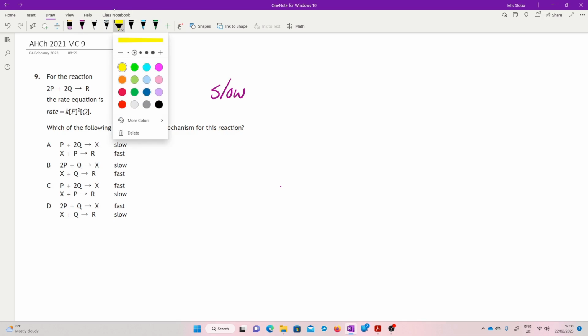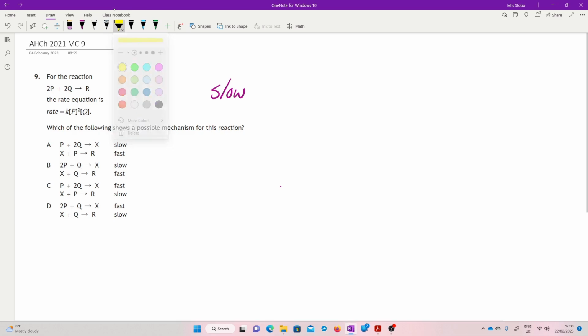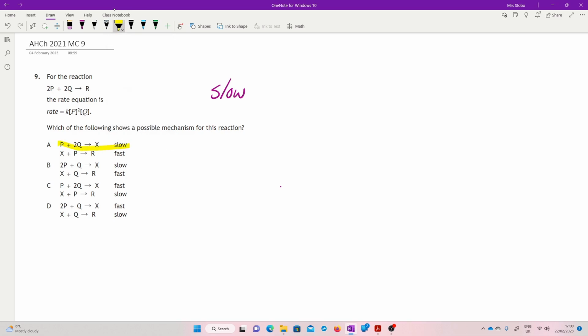So let's make our life a bit easier and say I'm only looking at this slow step here, this one here, this one here, and this one here. So I'm only looking at the slow steps, I'm ignoring the fast steps entirely. Then you look at the rate equation and say, I need 2 P's and 1 Q, because we've got P squared and Q just as a single thing.